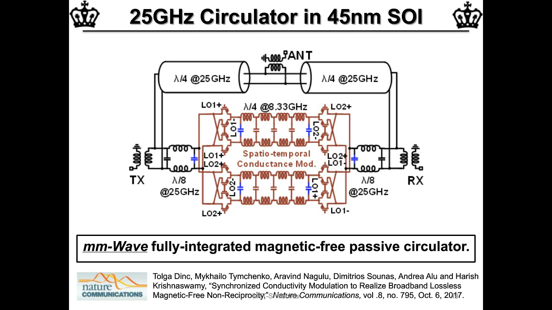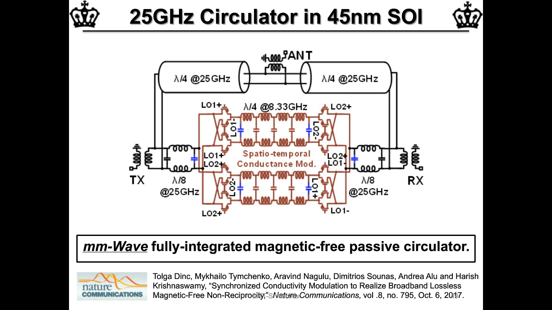And so we were able to build a circulator working at 25 gigahertz, but the clocks are running at around 8 gigahertz, essentially at a lower RF frequency at which it is actually feasible to run these Gilbert quad switches. So this was the first millimeter wave passive non-reciprocal circulator without using magnetic materials implemented in 45 nanometer SOI CMOS.